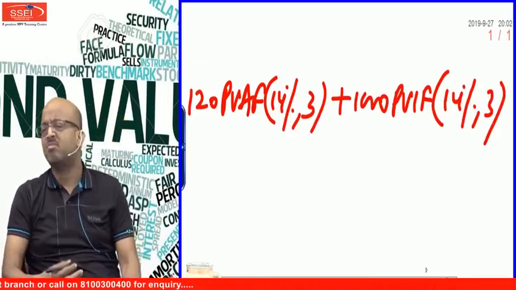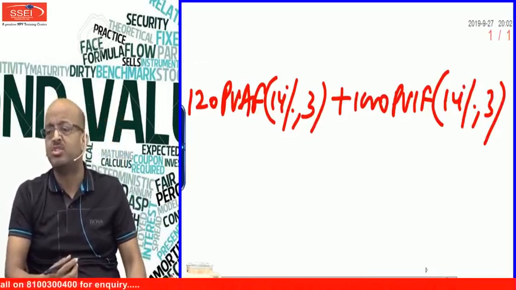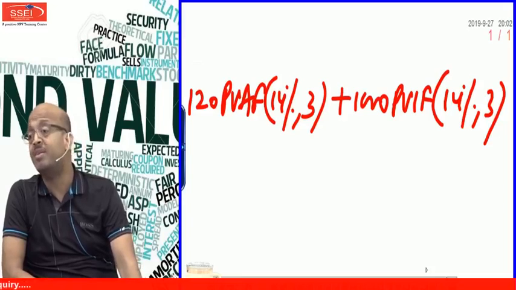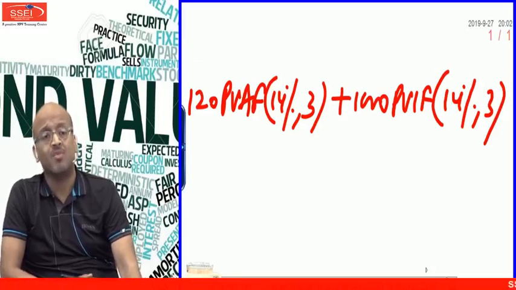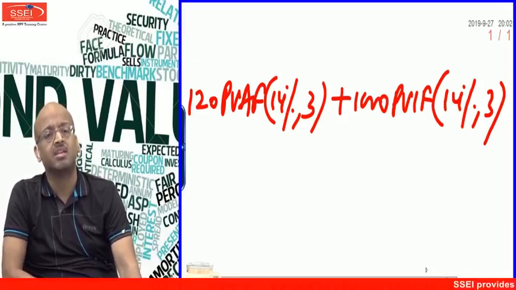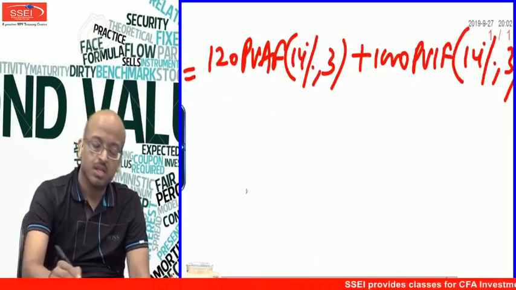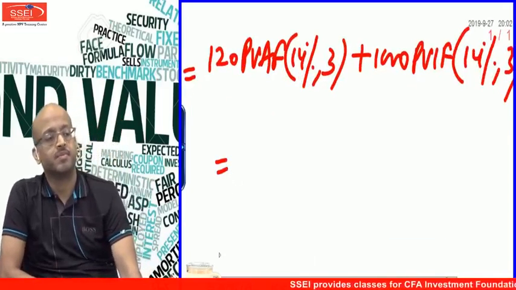So we will be sad to see this because when we calculated P0, we used 11% market yield. Now we are using 14, so the price is falling. If yield goes up, the price falls. Please calculate.